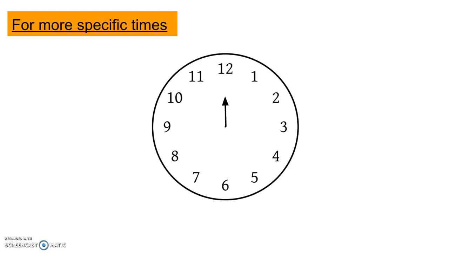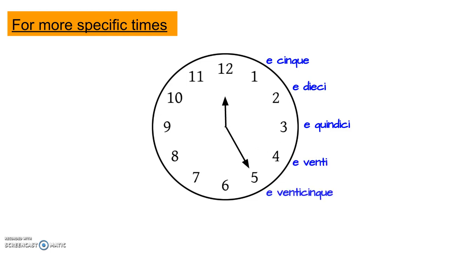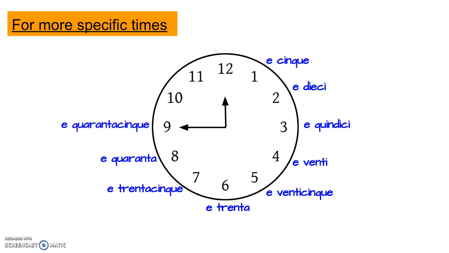So for example, alle 12:05, alle 12:10, alle 12:15, alle 12:20, alle 12:25, alle 12:30, alle 12:35, alle 12:40, alle 12:45, alle 12:50, alle 12:55.